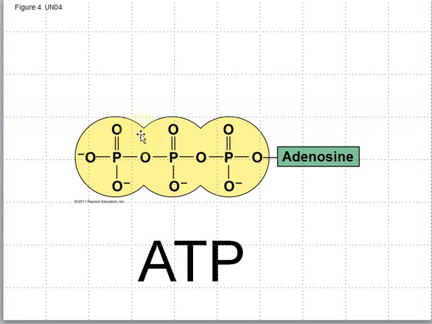That would be ADP. When one of these phosphate groups is broken off, that releases an enormous amount of energy. And so when we talk about photosynthesis and cell respiration and some of those different cellular processes, we'll come back to this molecule ATP. And I just want you to remember, this is a good example of where one of these functional groups comes into play.